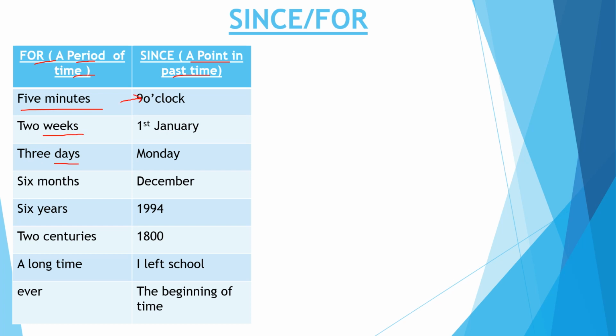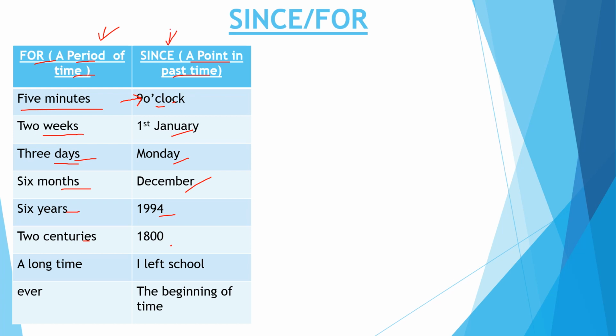You can see specific time, sharp 9 o'clock, 1st of January. If we talk about days, we are talking about a specific day, Monday. If we are talking about months, a specific month, December. Years, a specific year, a specific century. So this is how we use for and since.